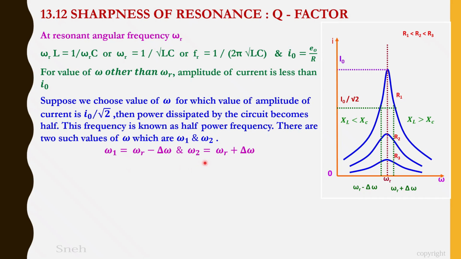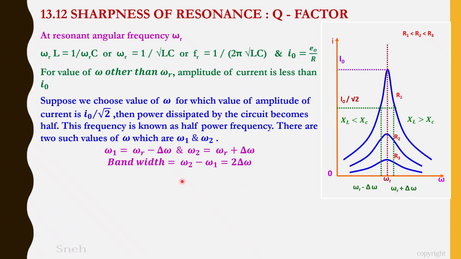Now from this, I want to find the bandwidth, and bandwidth is the separation omega 2 minus omega 1. So this minus this is equal to 2 delta omega, because this is delta omega and this is delta omega. So delta omega plus delta omega gives me 2 delta omega.